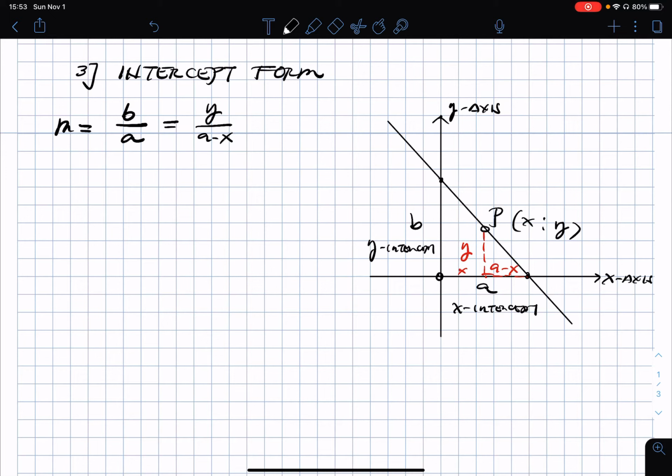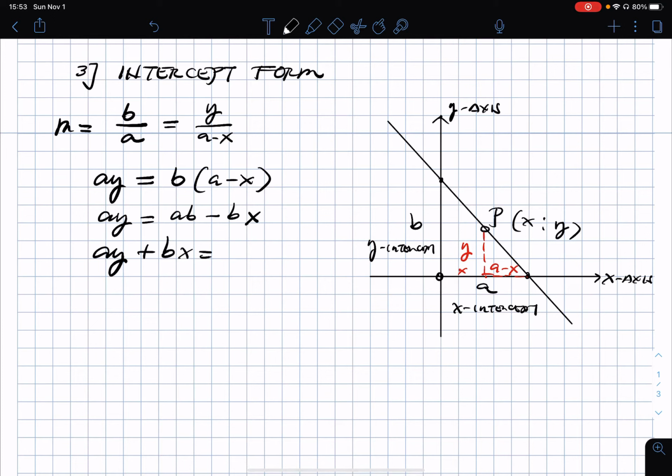If we cross multiply, this will be ay equals b times a minus x. So ay will be ab minus bx, or ay plus bx equals ab. To simplify, we multiply both sides of the equation by 1 over ab. Again, in algebra, multiplying both sides of the equation by the same value doesn't change the equation.